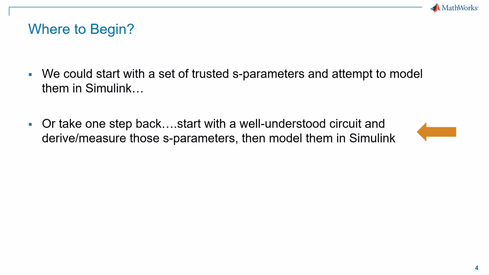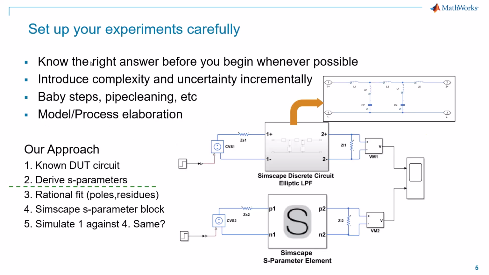I'm going to take one step back in this exercise and start with a well-understood analog circuit. Then from that circuit, I'm going to derive and/or measure the S-parameters, and those S-parameters will serve as the starting point to model them in Simulink. The reason is that I'd like to know the right answer before I begin. Anytime I'm testing out a new methodology, I want to minimize uncertainty as much as possible.